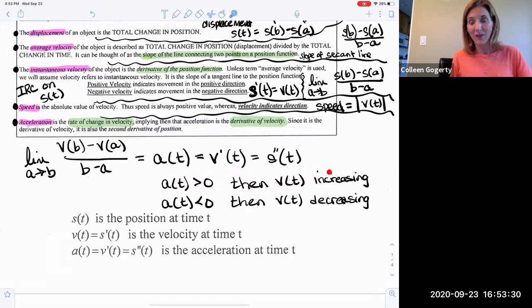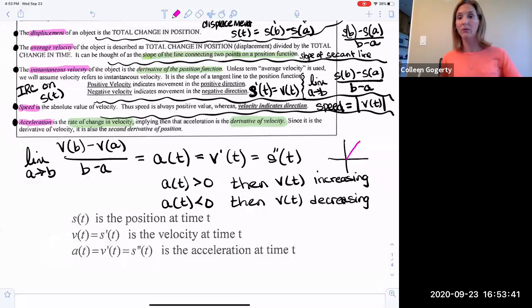So think about this. If I have a velocity graph, and I'm just making something up right now, I don't want anybody to overanalyze where I got this, I just got this from my brain. So here's my velocity of some object moving. If this is positive, meaning that it's increasing right now, then think about if I took the derivative at any point along here, until I get to the top.